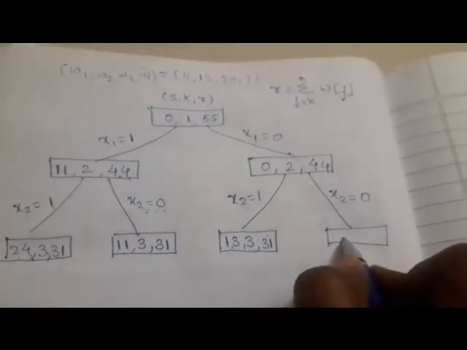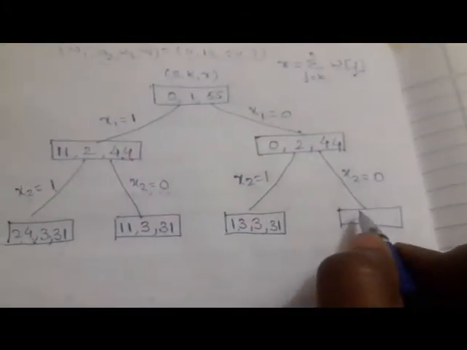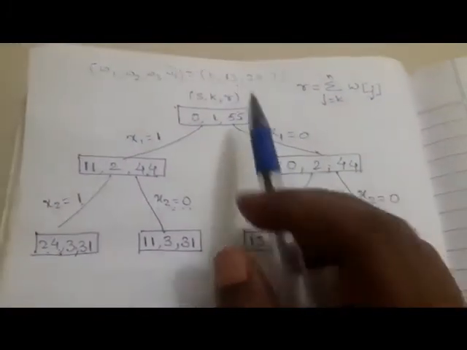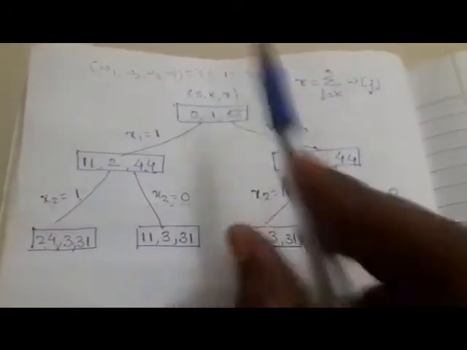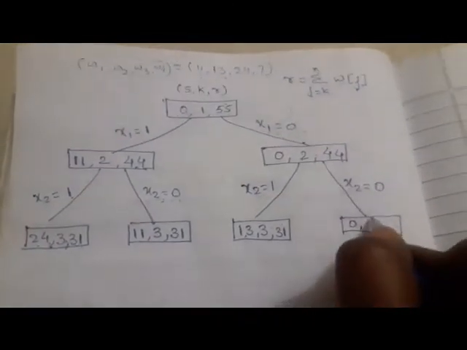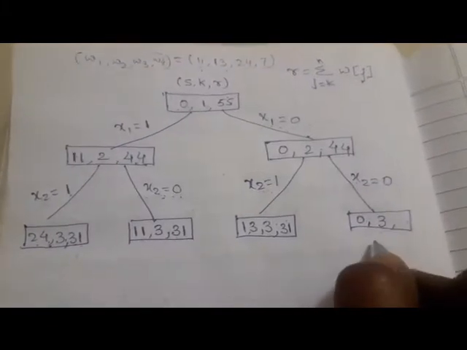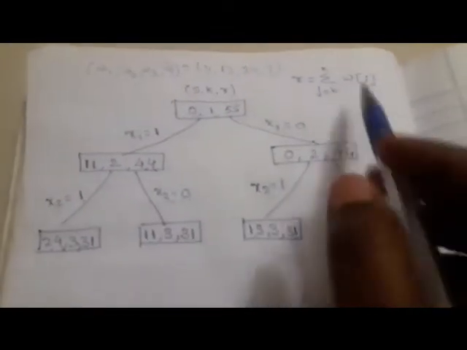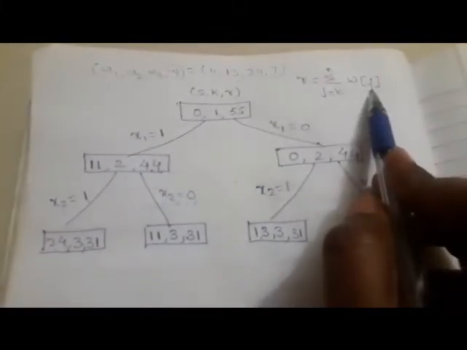Now the value for x2 for this node. Here x2 means this weight 2 is not included. So this 0 plus 0 remains 0. But the value of k is incremented and the value of r will be 31 as given by the formula.